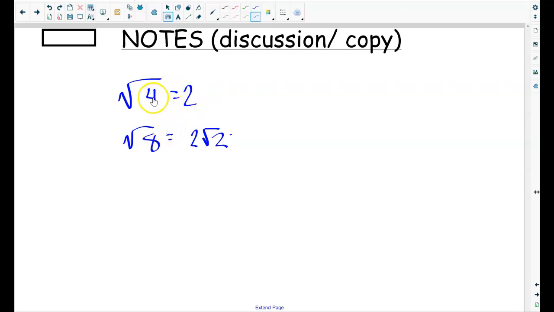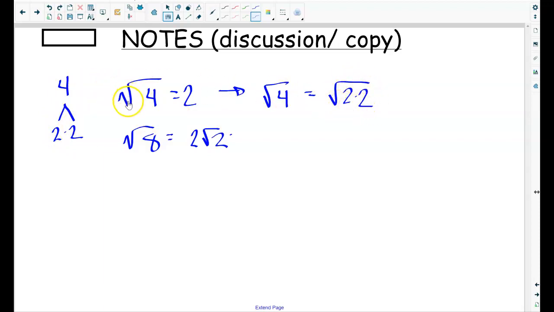Pay attention. When you have the square root of 4, you want to think of the number 4 and break it down into 2 numbers that multiply to give you that 4: 2 times 2. Most of the time you're dealing with a radical that doesn't have an index. It's invisible, which means it's 2.